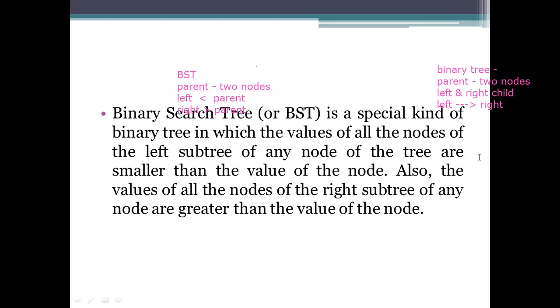And coming to the binary search tree, the values should be specified relative to the parent, the root node. The left subtree should be less than that root node, and the right subtree should be greater than that root node. That makes the difference between the binary tree and the binary search tree.